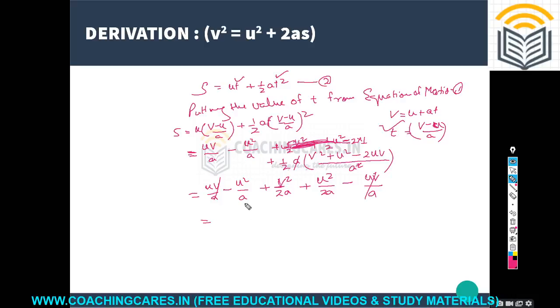So that will be, we take a outside, or we can write it in this way: v square, we take this common outside, v square plus u square minus u square by a.